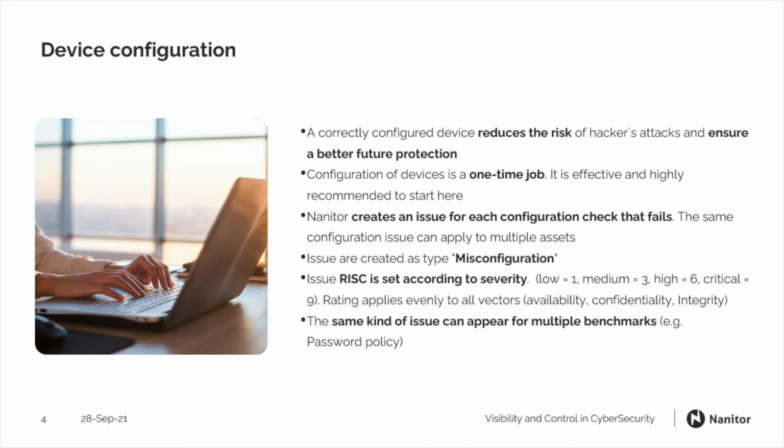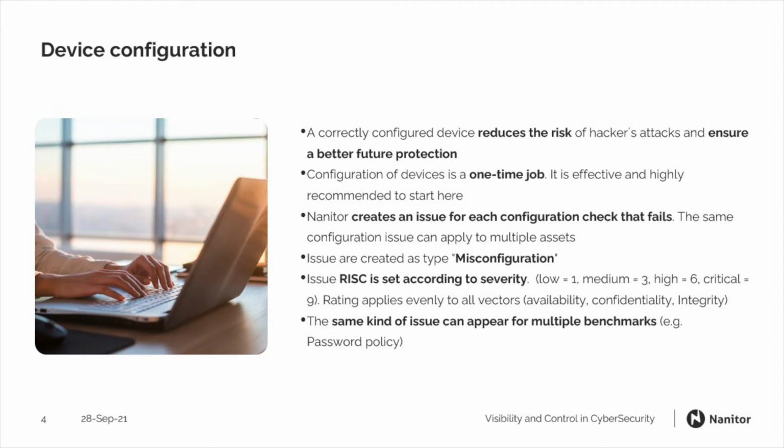We start with the low severity, go to medium, high, and critical, and depending on the severity, the issue will get a certain score. You can always override that setting if you feel like doing so. But that is the default configuration or the default score of Nanitor.